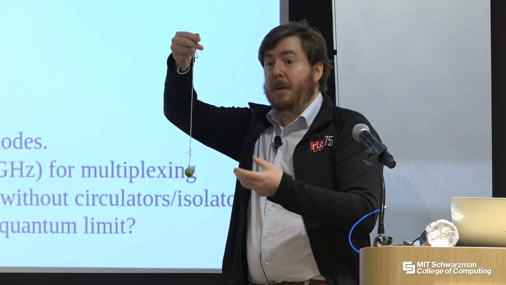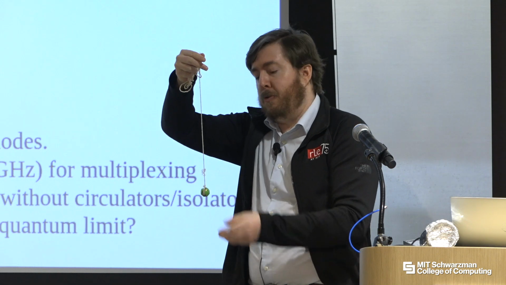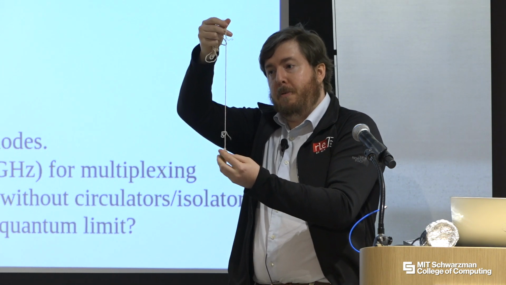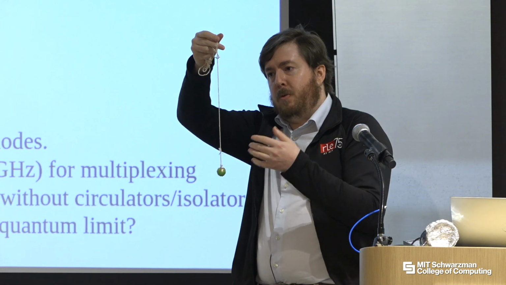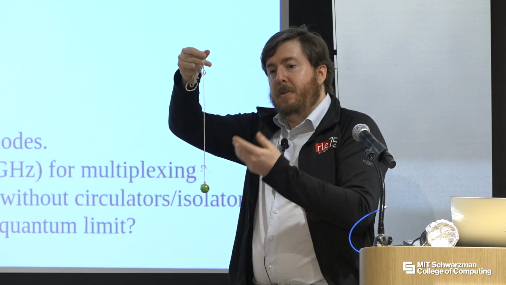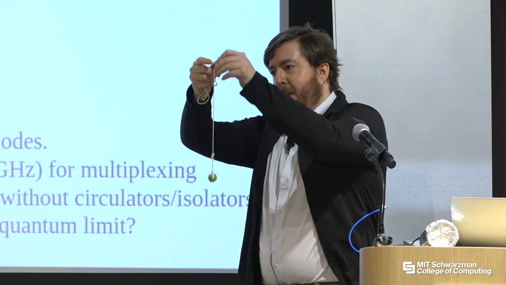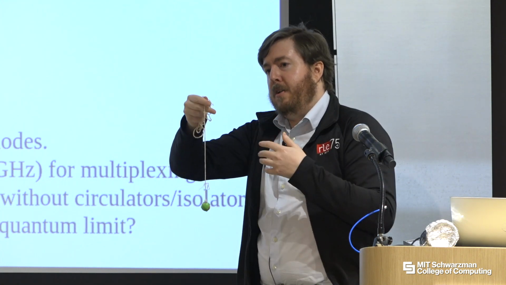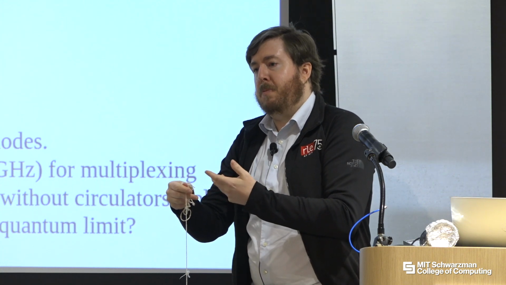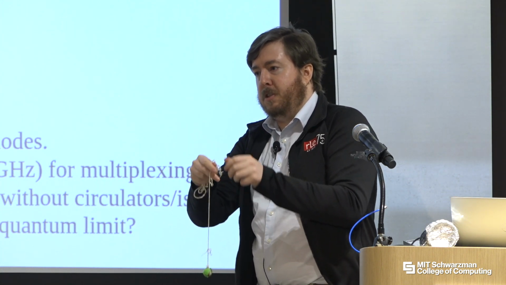But that's very inconvenient to do in the base of a dilution refrigerator. But what you can do is, if you imagine this as the microwave you want to amplify, you send in a pump wave that changes some parameter of the system. Here I'm going to change the length of this string. In the Josephson junction-based systems, you send in a strong microwave pump that changes the properties of the Josephson junction.